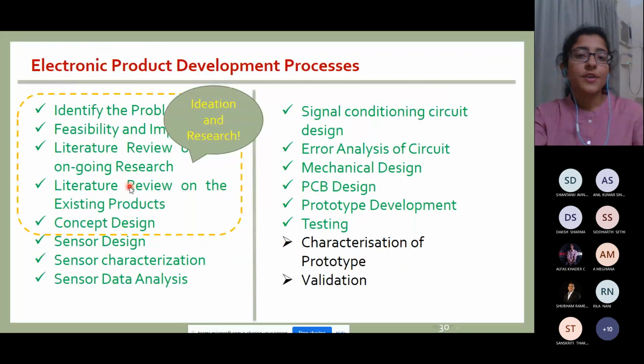So you see the prototype development, and of course we have tested it. But so far what we have tested is laboratory testing. There is a huge difference between laboratory and field testing.